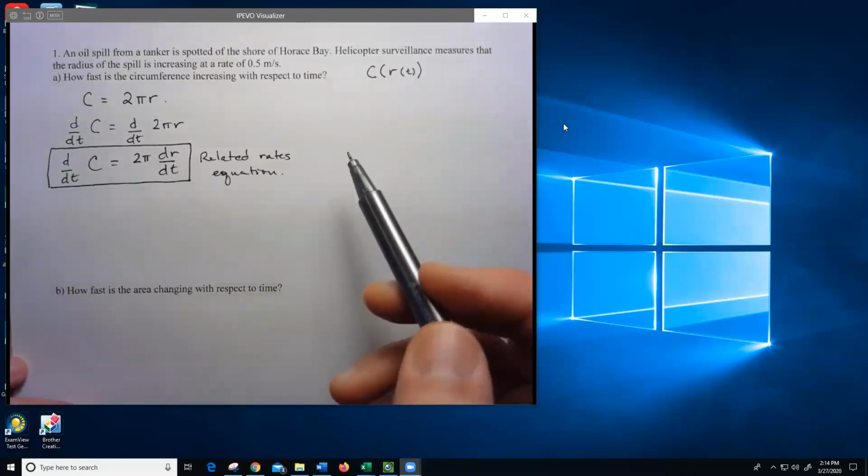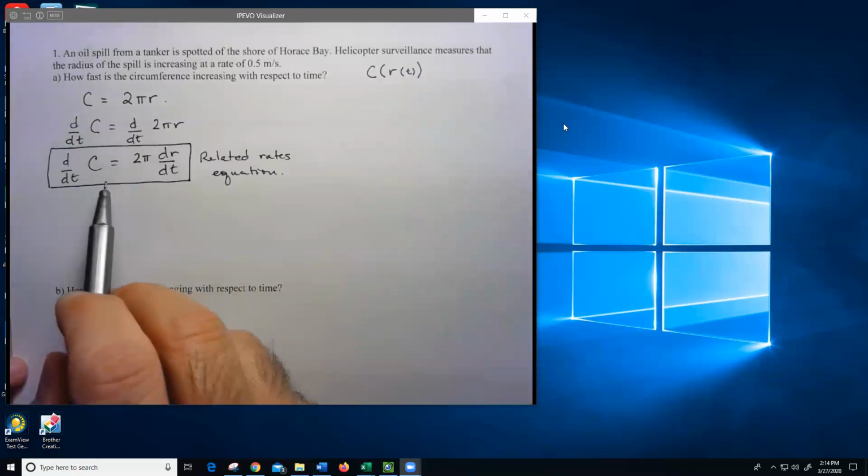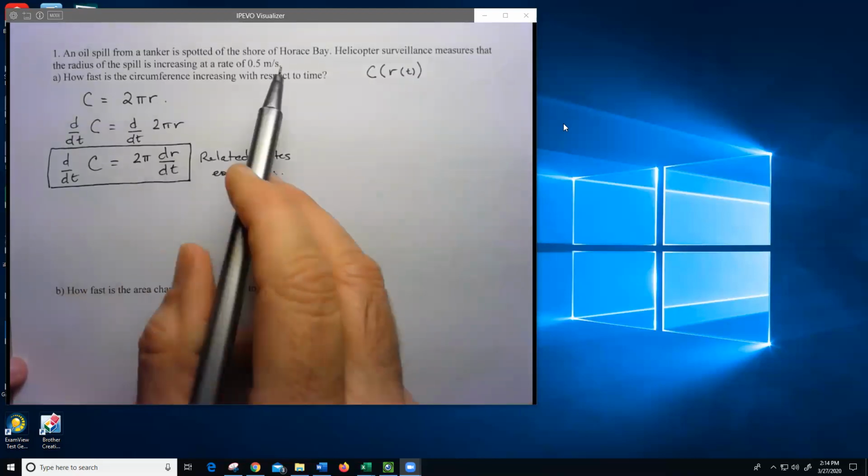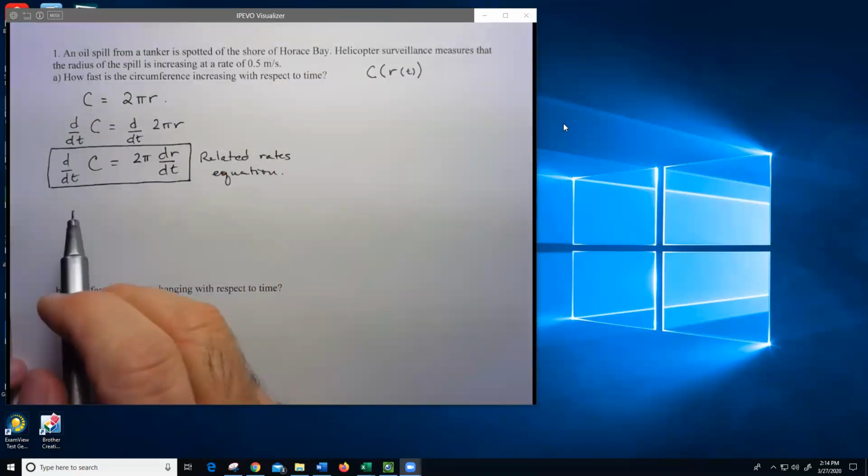Okay, so that's one example. This is another example where we relate the rate of the radius changing to the rate of the circumference changing.